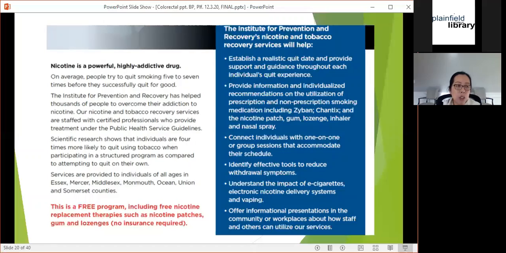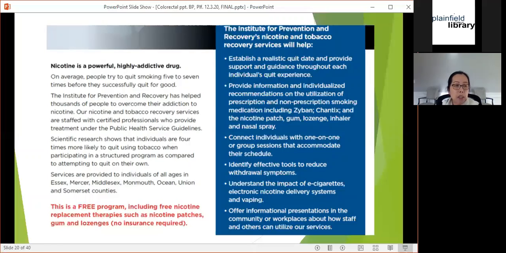Scientific research shows that individuals are 4 times more likely to quit using tobacco when participating in a structured program as compared to attempting to quit on their own.